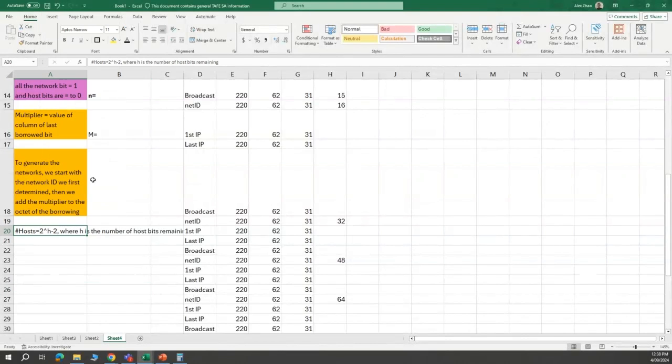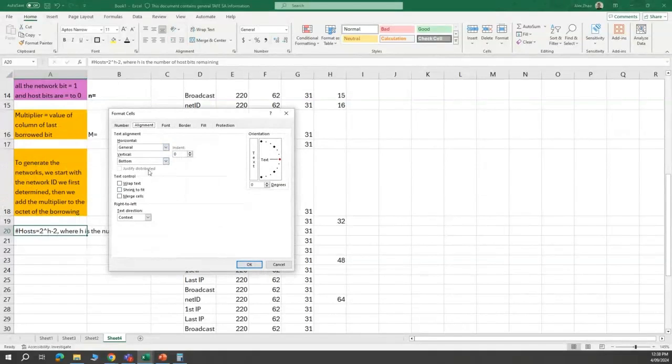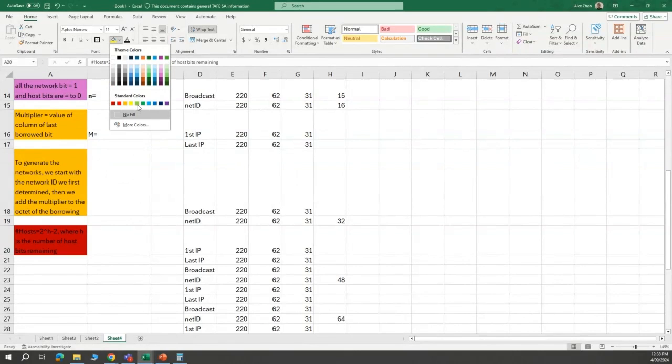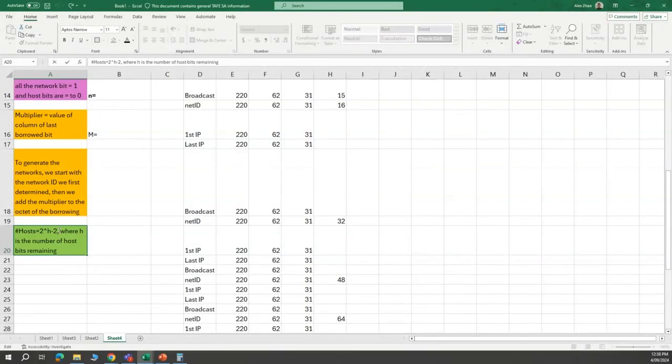Okay, write that down. If you're not writing it down, write it down, because again, this is stuff that you need to remember and use later. I'll make that a different color, and I'll highlight this.